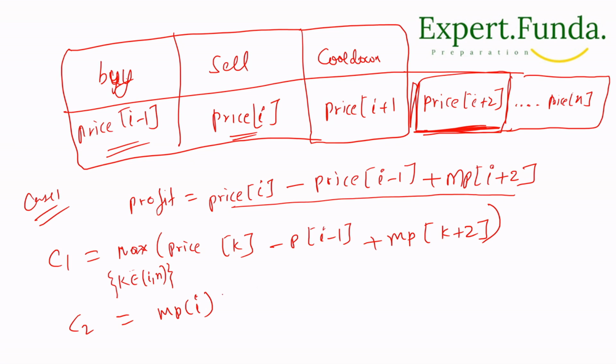Now we have to do a very simple thing to combine this. We will combine these two cases by selecting the max value among them. We have to select the max value between C1 and C2, and so we will obtain MP of I. So MP of I minus 1 will come from the max between C1 comma C2, whichever is max.